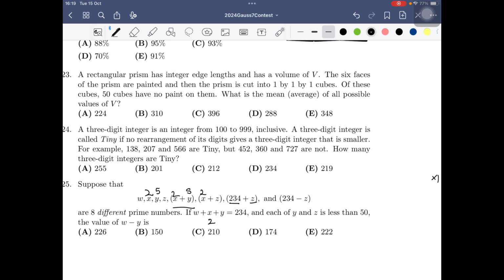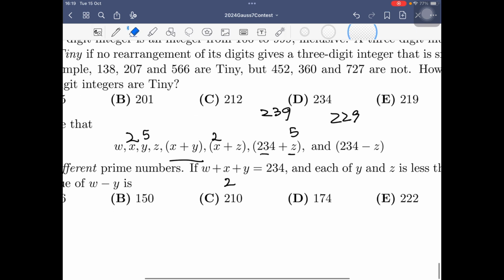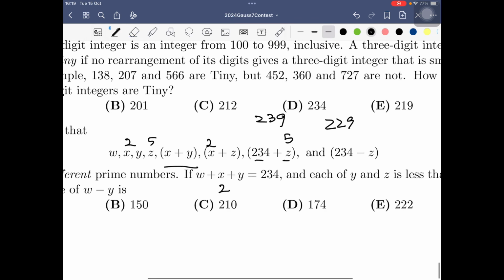A multiple of 3 plus a multiple of 3 is still a multiple of 3, which is not a prime number. So if z is 5, 239, let's say, and 229, I think this can be, okay, so not y. Let's say z is 5.